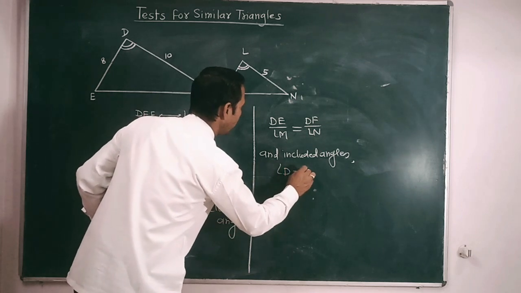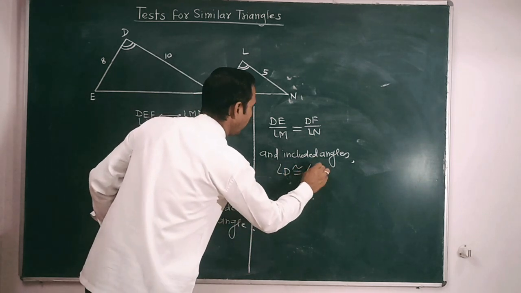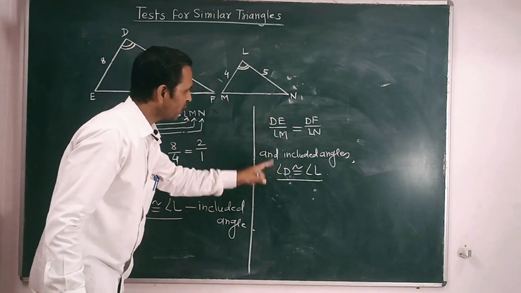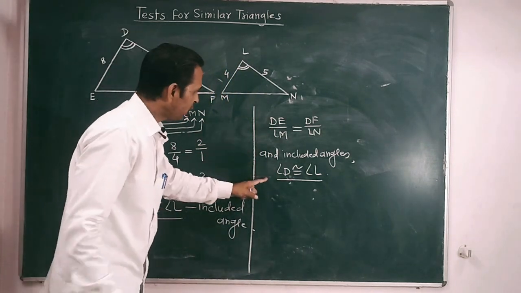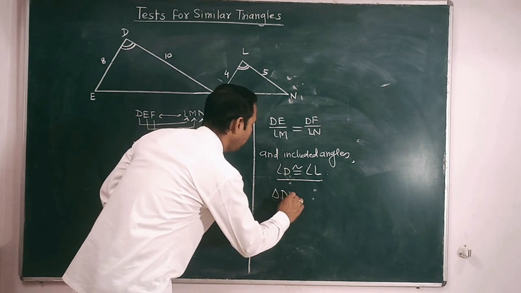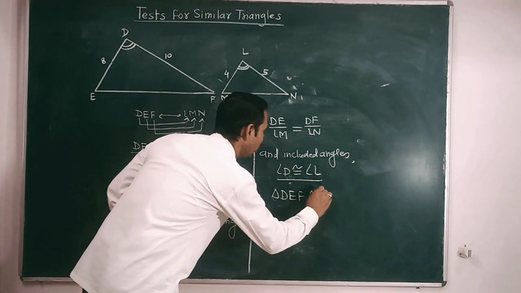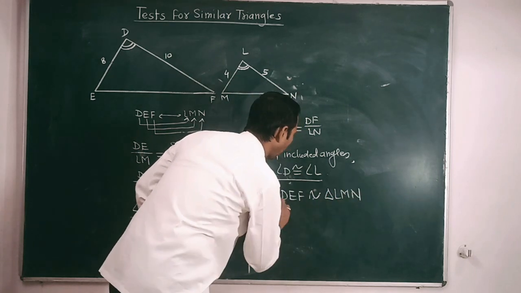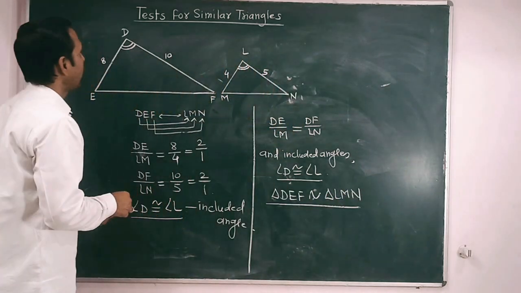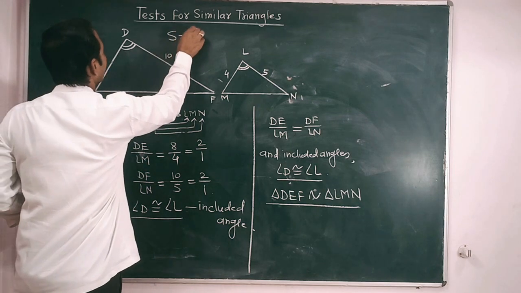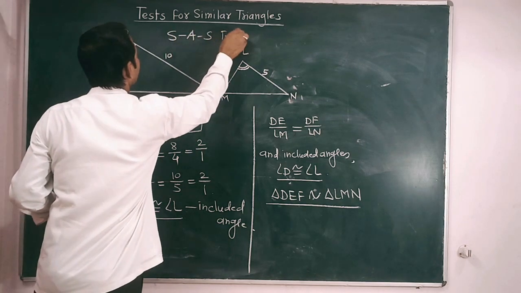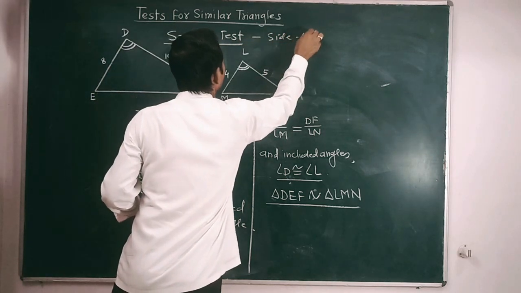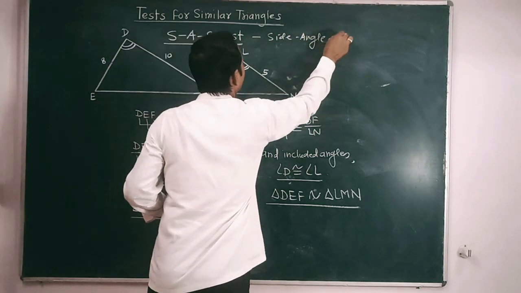Angle D is congruent with angle L. If all these conditions are satisfied, then we say that triangle DEF is similar with triangle LMN, and that's why this test is called as a SAS test, means side angle side test.